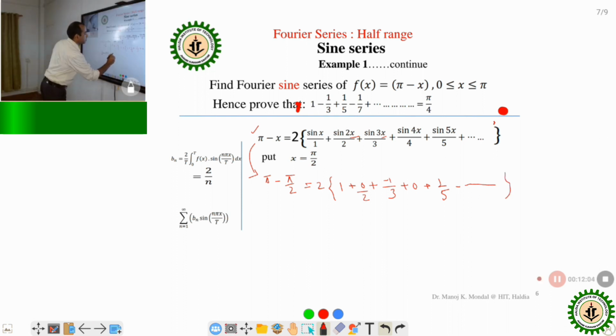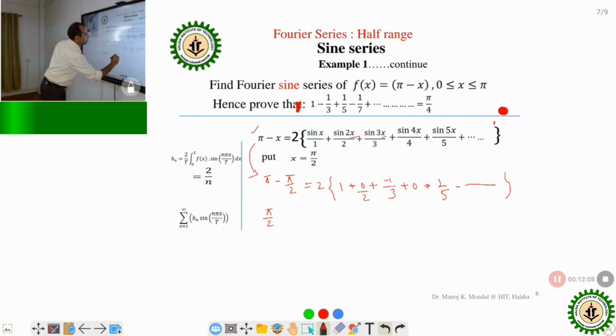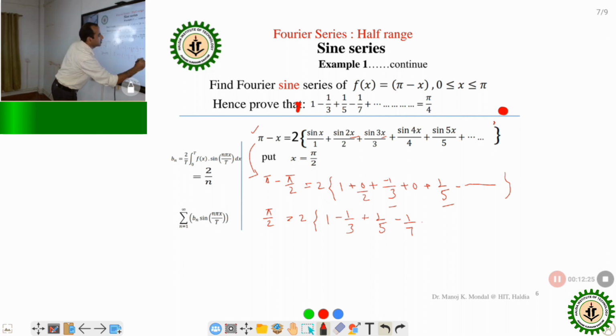So the left hand side will be pi by 2, and the right hand side 2 into 1 minus 1 by 3 plus 1 by 5 minus 1 by 7 plus.